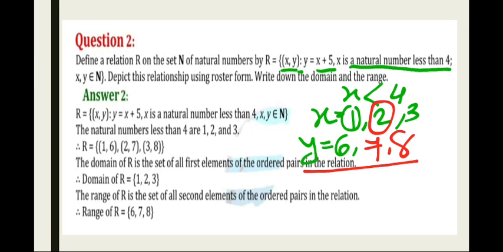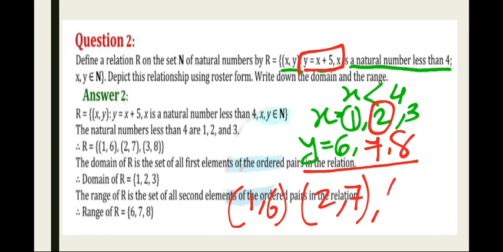You get the value of y by this relation. Okay. So, the ordered pairs will be (1, 6), (2, 7) and (3, 8). So, the relation set R in roster form will be {(1, 6), (2, 7), (3, 8)}.